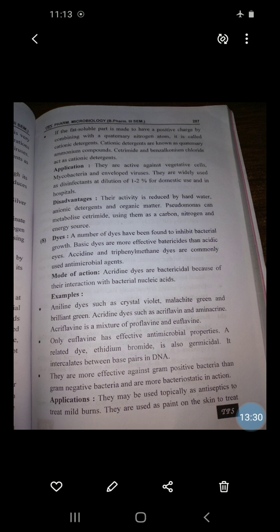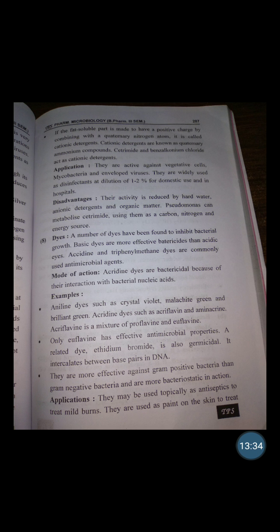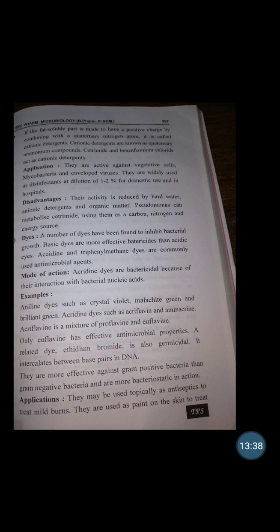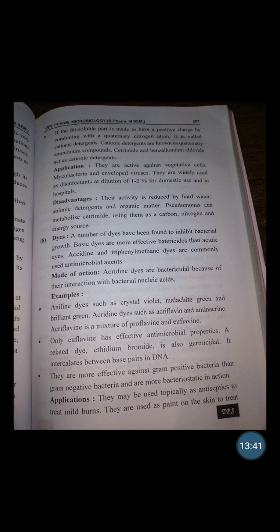Next, alkylating agents. First alkylating agent, ethylene oxide. The mode of action of ethylene oxide: it is an alkylating agent and it acts by alkylating the sulfhydryl, amino, carboxyl and hydroxyl groups.